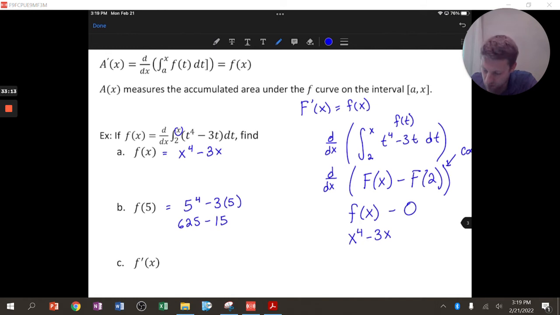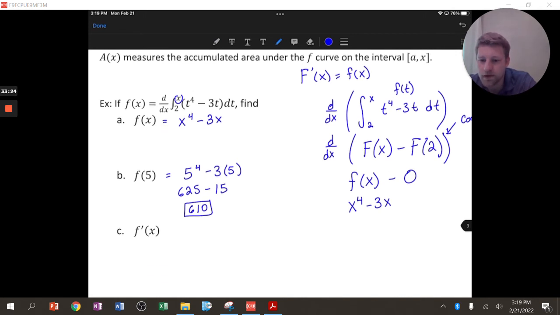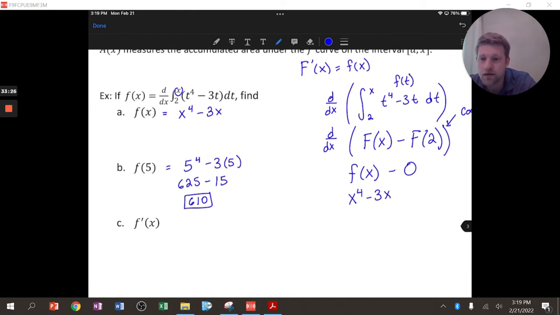And looks like that's going to be 610 when we're done. 5 to the fourth minus 15. And then we can finally find just f prime of x, little f prime of x, which in this case would be just 4x to the third minus 3. That would be the final result.